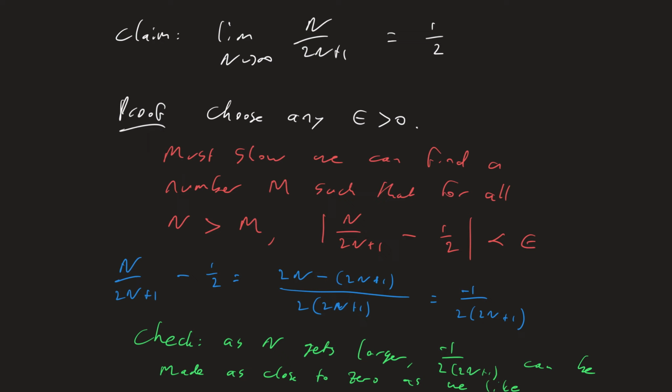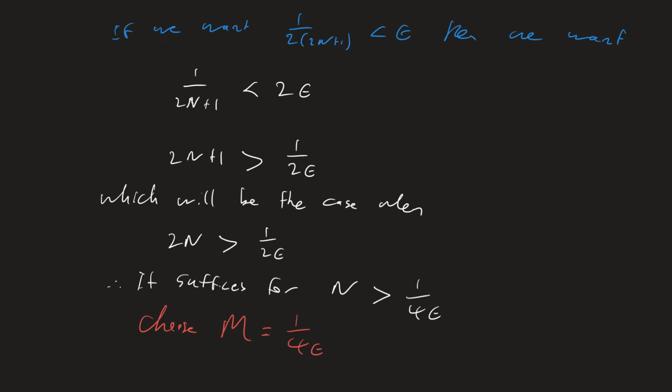And indeed we see that the numerator is fixed and the denominator grows as n grows. And so therefore, by choosing big N arbitrarily large, we can make this expression as close to 0 as we like, and hence we believe we're on the right track here, that we can indeed show that this limit is equal to a half.